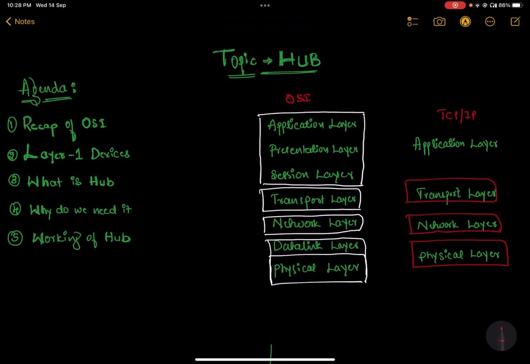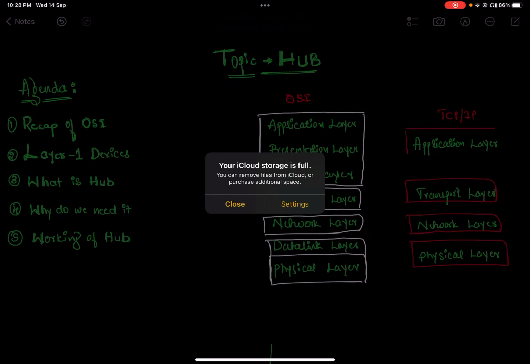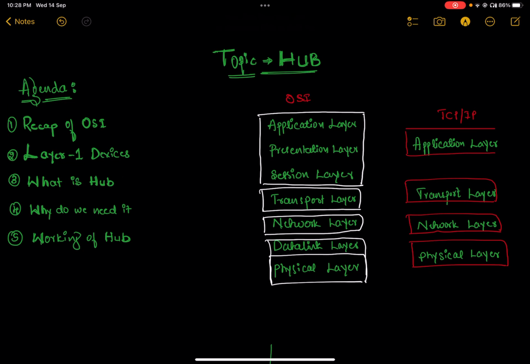But the top 3 layers in OSI, application, presentation, and session, we group all of them together and come up with the application layer. This is just a recap of OSI and TCP/IP layers, which we discussed in our first class.